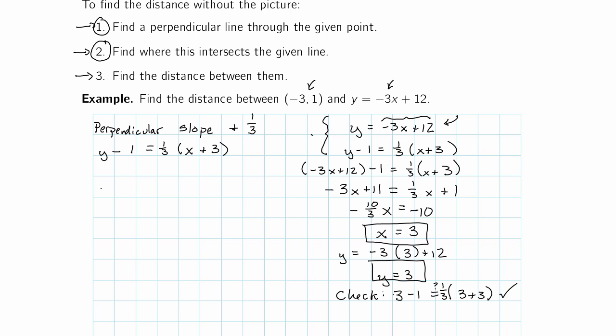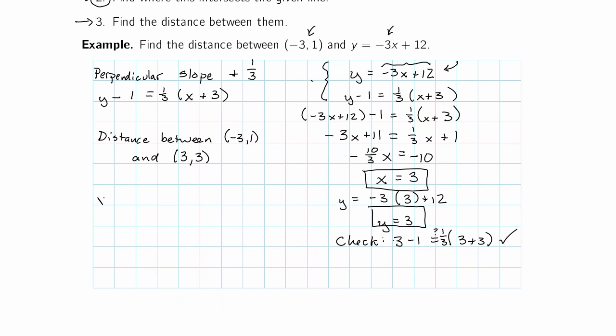Okay, so the distance I want is the distance between my given point, negative 3, 1, and the point I just found, 3, 3. Well, that'll be the difference in the x's, negative 3 minus 3 squared, plus the difference in the y's, 1 minus 3 squared.